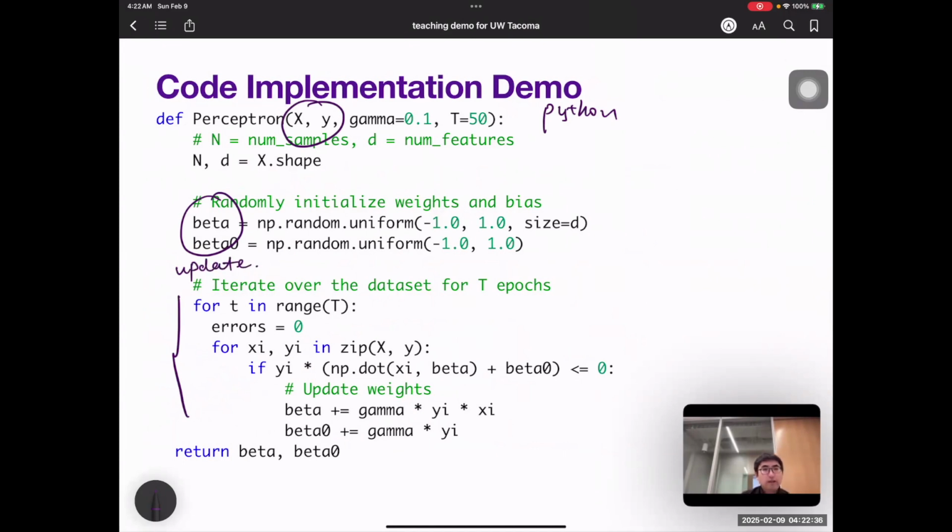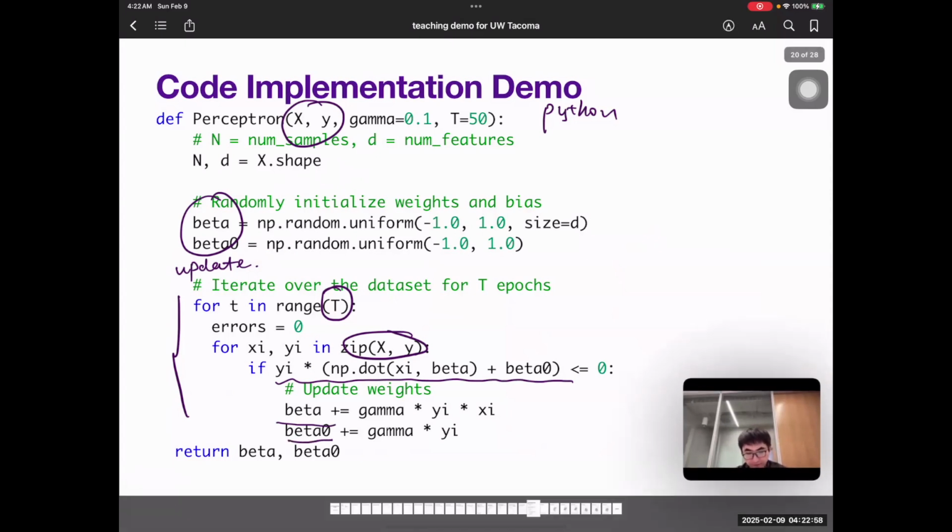It is exactly the same as we have just seen. The first for loop goes through T iterations, and the second for loop goes through each data point. The if condition is saying that as long as we have made a mistake, we are going to update the parameters beta and beta naught according to our definition.